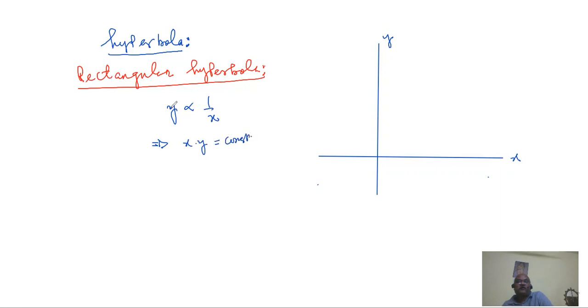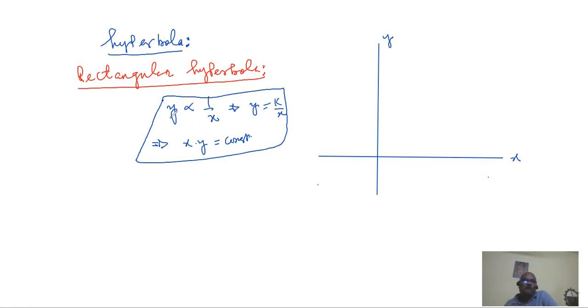Because if y is proportional to 1 by x, obviously y will be equal to a constant by x. This is the usual form of the equation of a rectangular hyperbola.